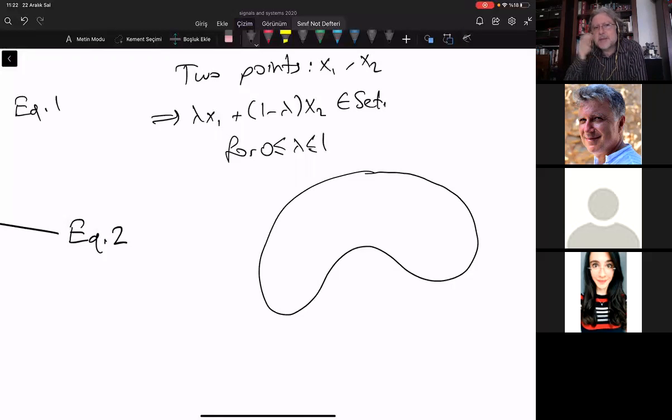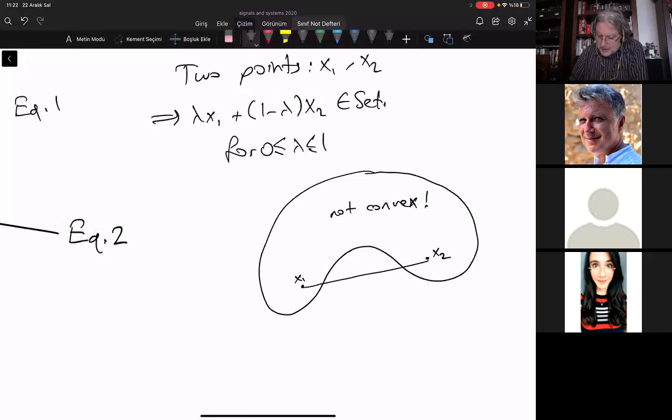That's what lambda times x1 plus 1 minus lambda times x2 means. For example, you choose x1 here and x2 here, and you connect them with a straight line, and every point along this straight line must be inside the defined set. Is this like that? No, this one is not convex.